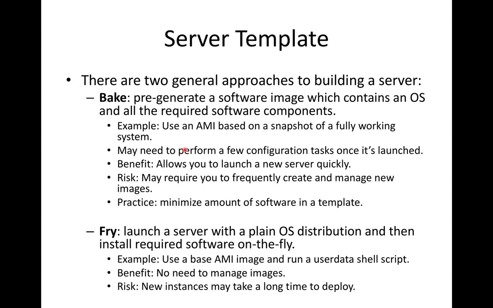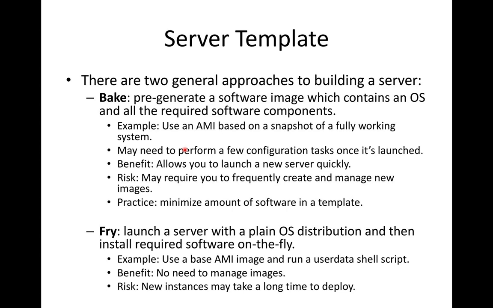The second approach to building a server is what we call frying the server. When we fry the server, essentially we're launching a server with a base operating system like the Amazon Linux operating system. We're using the base Amazon Linux AMI. And once that AMI starts up, we go through a bootstrapping process that's kicked off using something like EC2 user data.